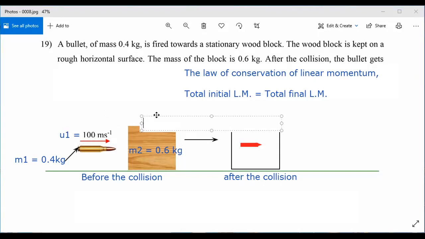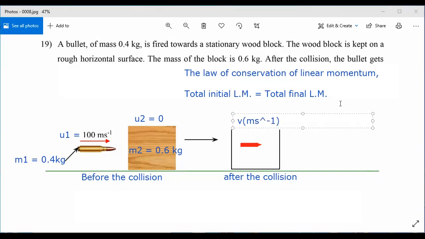Velocity of the block before the collision is U2, but what is it here? What's the velocity of the block before the collision? It says a stationary block. You see, the term stationary block means velocity is zero. So velocity of the block with the bullet after the collision, let me take it as V meter per second.